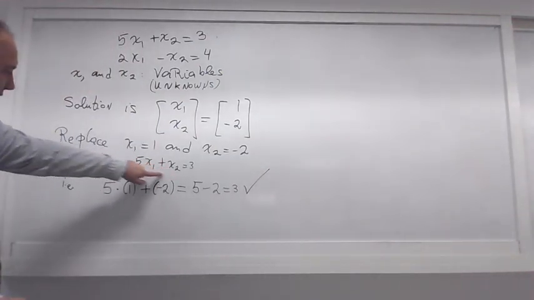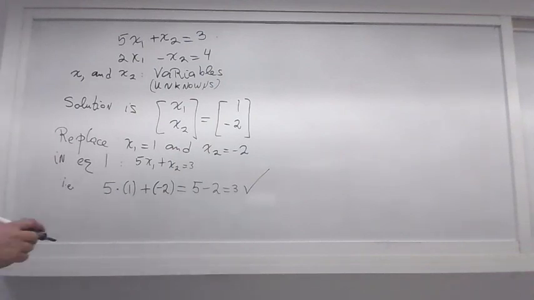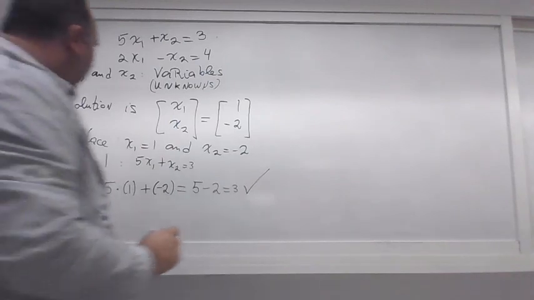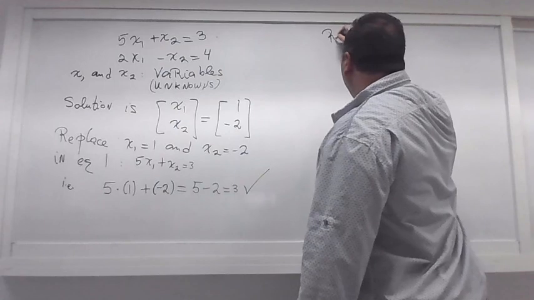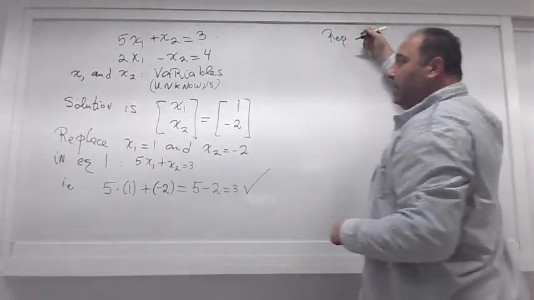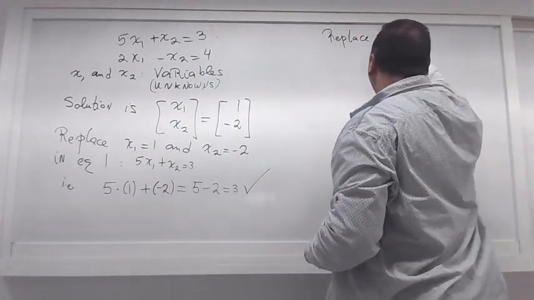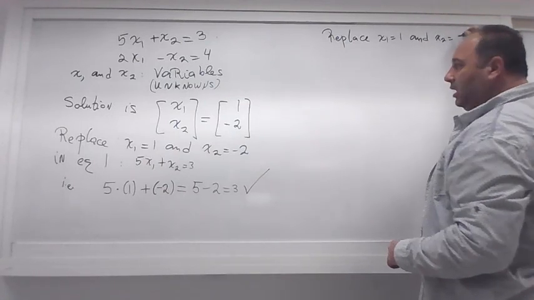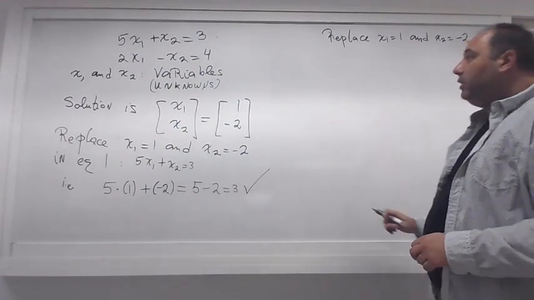Okay, so the left hand side, when I plug it in, is equal to the right hand side. Yay, we are happy. So this satisfies the first equation. Now replace x1 and do the same for the second, because we don't know if this is a solution for the entire system. We know that it solves the first equation. I'm doing this in detail, baby steps, just to make sure you understand everything.